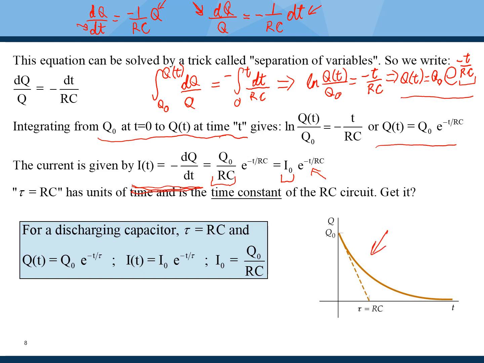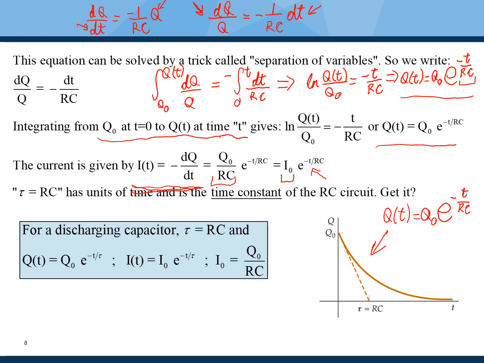In other words, this is a plot of Q(t), which is equal to Q0, the initial charge that you put on the capacitor, times e raised to minus t over RC. Okay? You can differentiate this to get the current and plot it out.